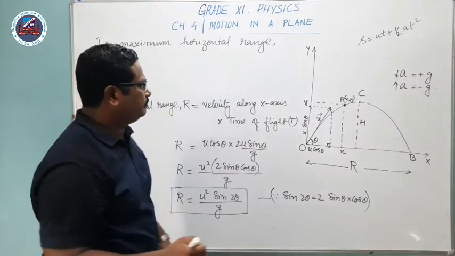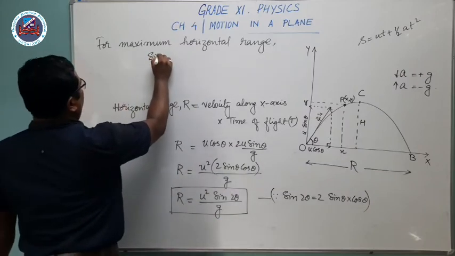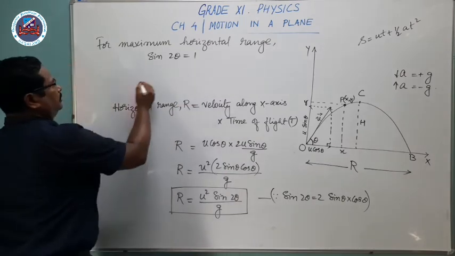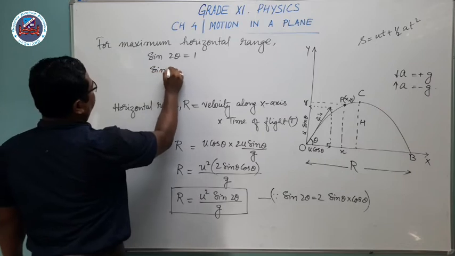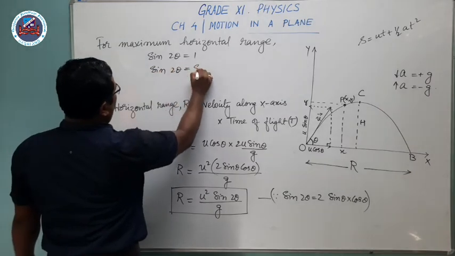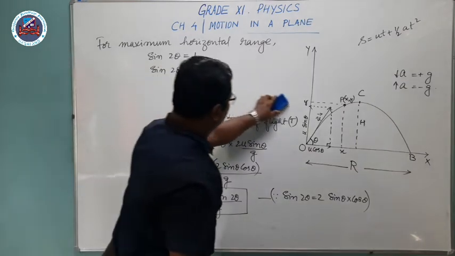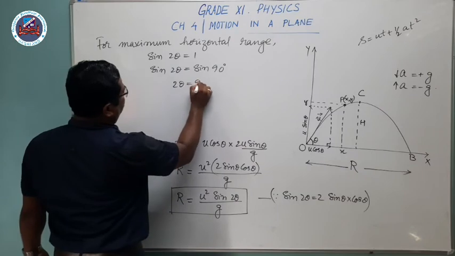So here sin 2 theta should be equal to 1 for maximum horizontal range. Then sin 2 theta equal to 1 is equal to sin 90 degrees. If you remove sin from both sides, 2 theta is equal to 90 degrees.